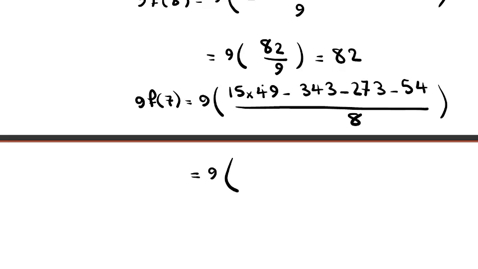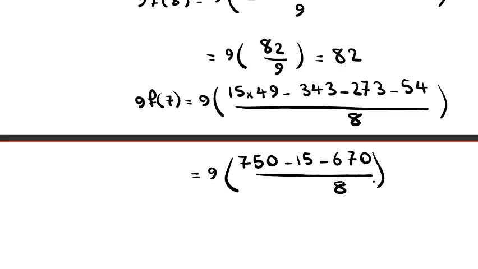If this is 500, it will be 750 minus 15. And if we add up all these numbers, we get this over 8. So we can check what 7, 5 minus 5, 8, 6 over 8.